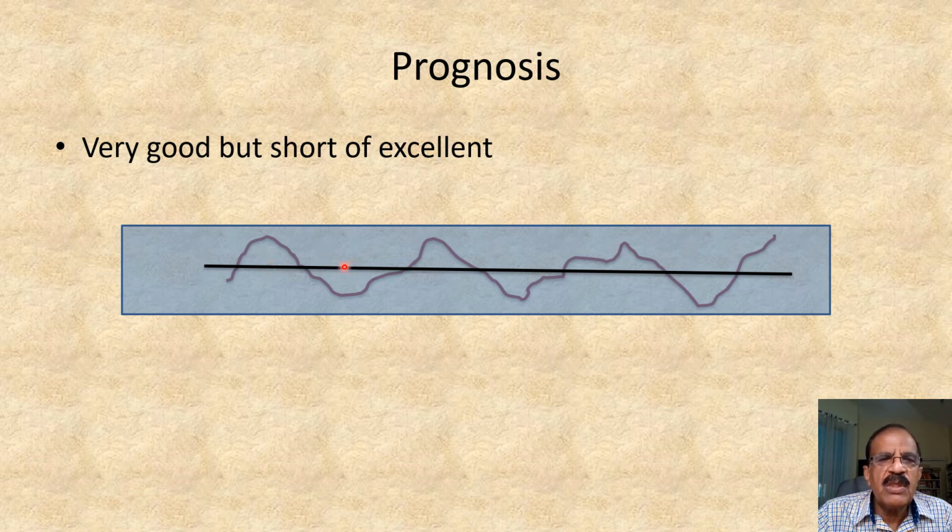In this situation, you have thyroxine in the body which is normal, but it is slightly more than what should have been in a normal physiological state. So you are slightly hyperthyroid. So this may be a little more perfection, but some people have this problem. So a patient with hypothyroidism may still continue to have some symptoms. So the prognosis is very, very good, but maybe slightly short of excellent.